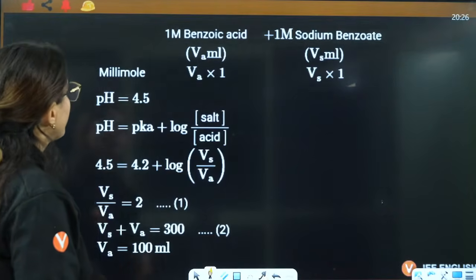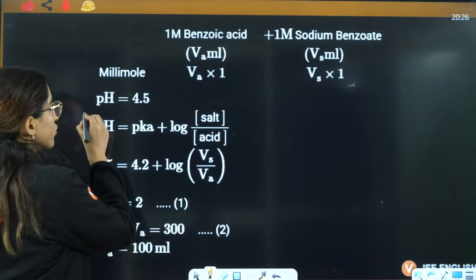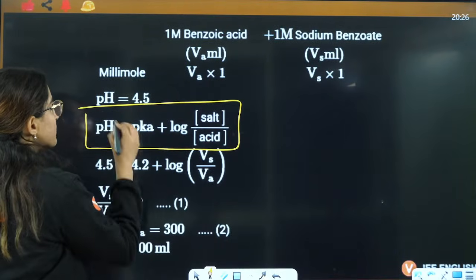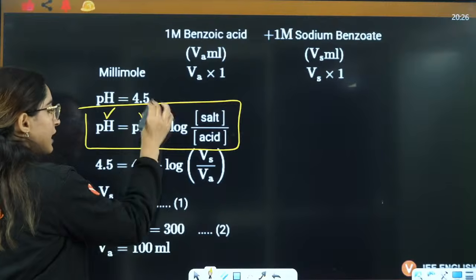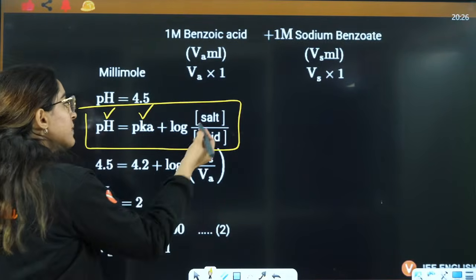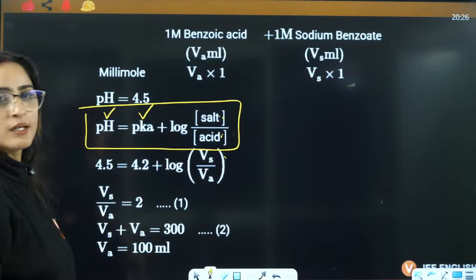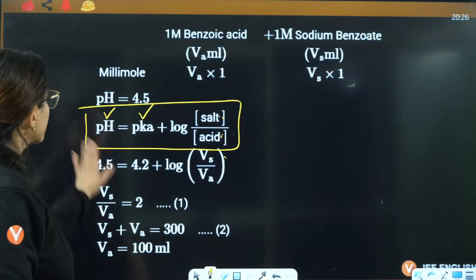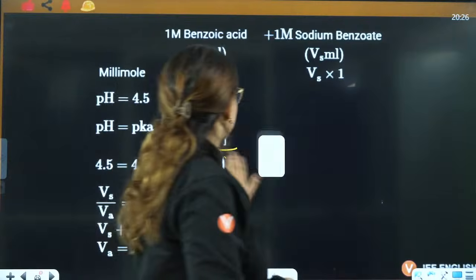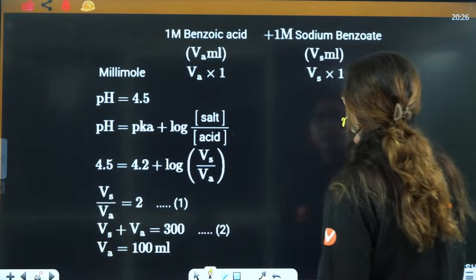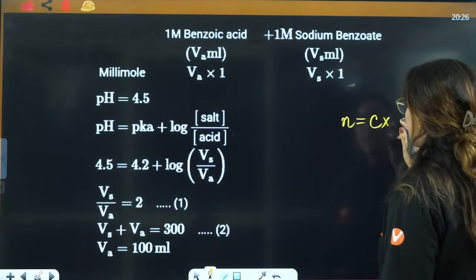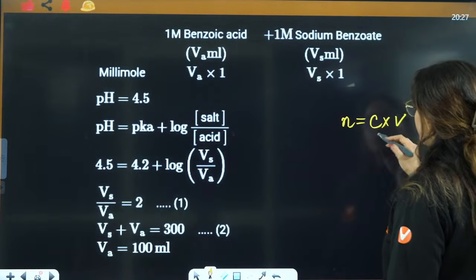So what we will do here, we know this formula: pH we know, pKa we know. But now the concentrations are also the same here. How do we calculate this? We know that number of moles is equal to concentration into volume.